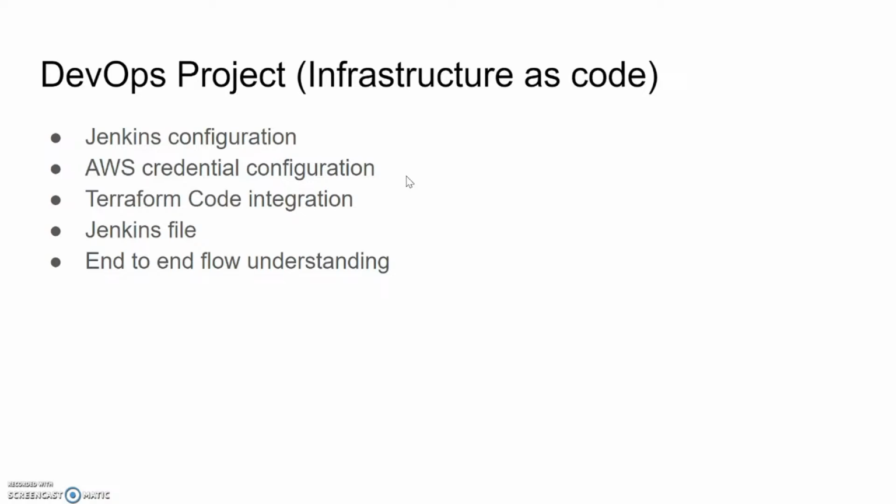We will go to the Jenkins file and the different Terraform commands like terraform init, plan, and apply, and how those commands work to create the infrastructure. At last we'll see the full end-to-end flow using Jenkins, where we'll trigger our job and deploy our EC2 instance in AWS. So let's start.